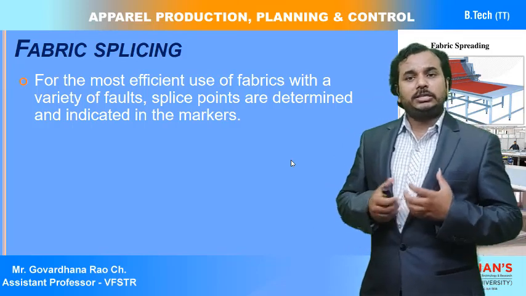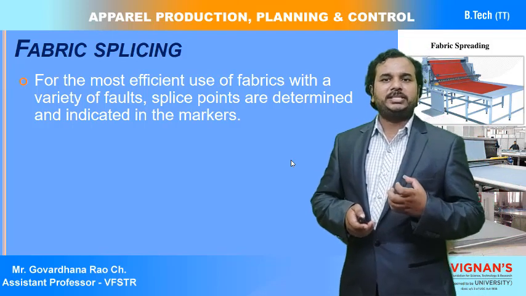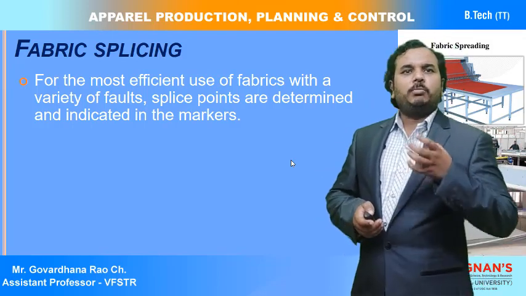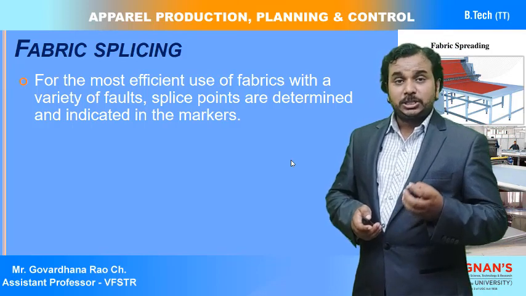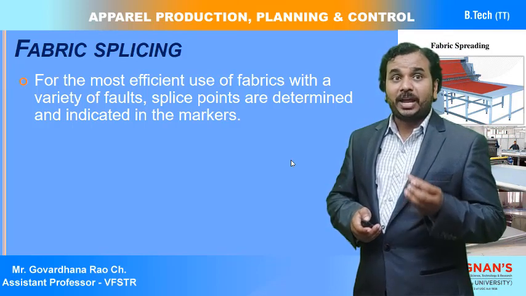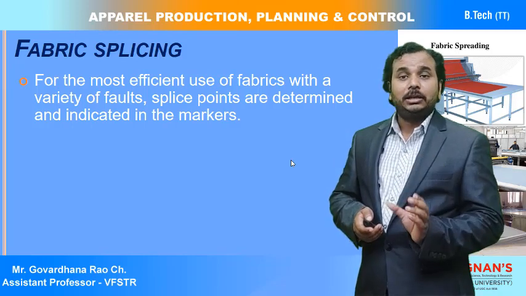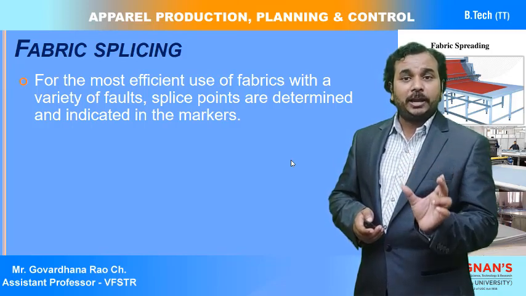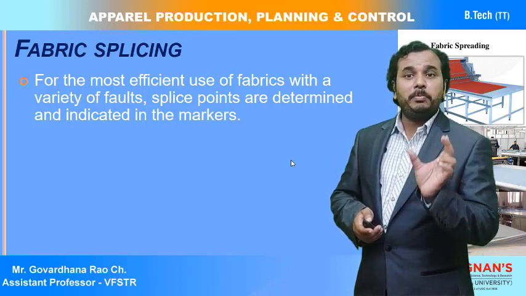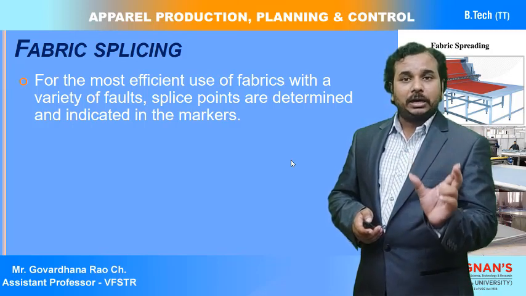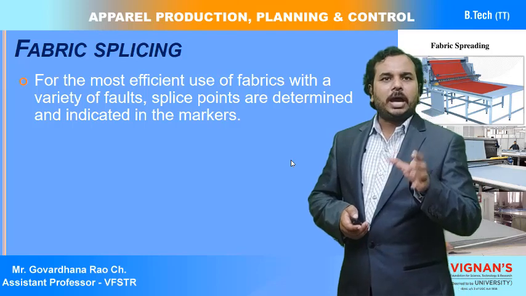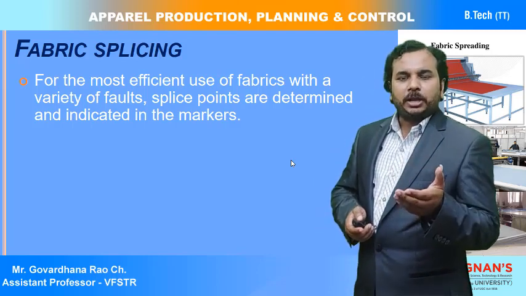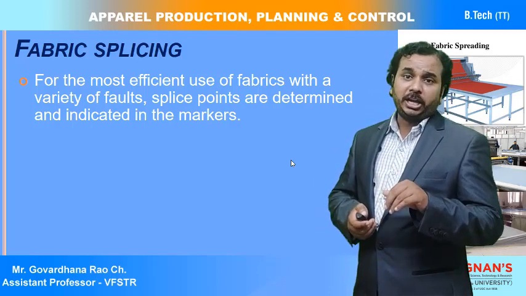Now what exactly is fabric splicing? You can see here, for the most efficient use of fabrics with a variety of faults, splice points are determined and indicated in the markers. Splice points are mentioned in the marker, or sometimes on the spreading table.